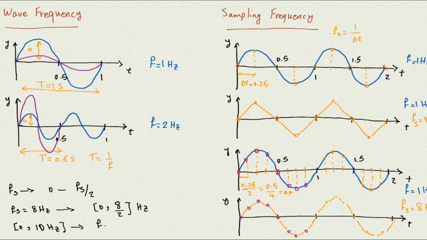So my sampling frequency should be at least 20 Hertz in order that, in my analysis, I can see the 10 Hertz data. So just remember that whatever frequency range you have in mind to analyze, the sampling frequency should be 2 times the maximum value you have within that range you want to study.